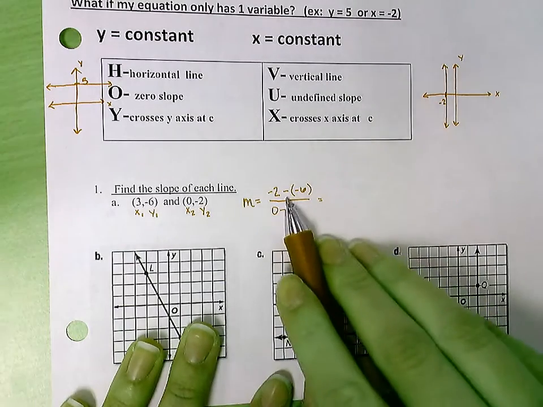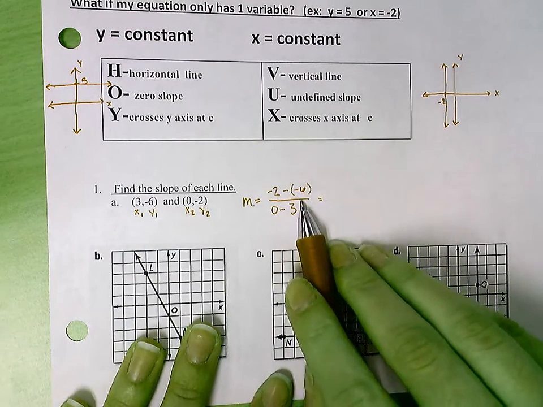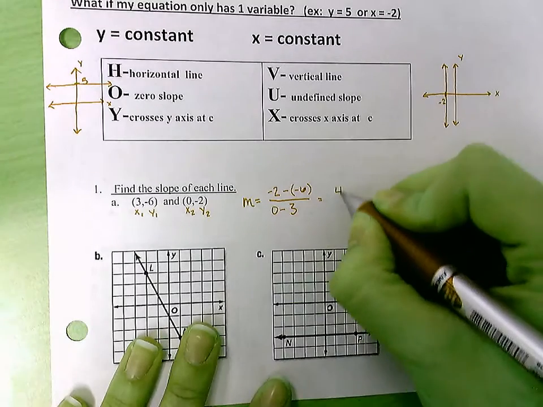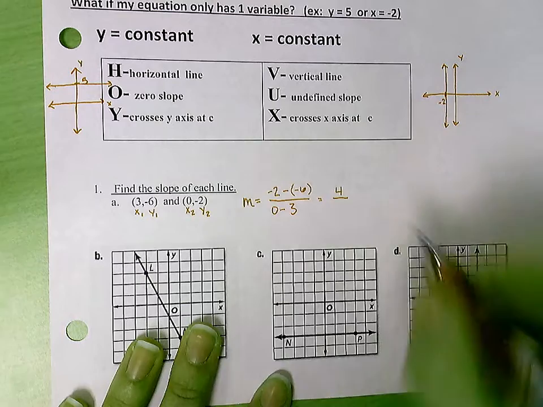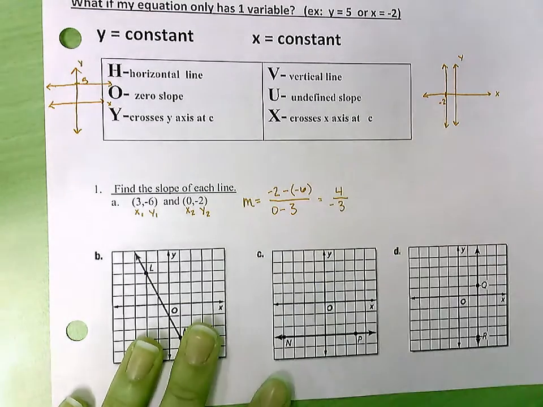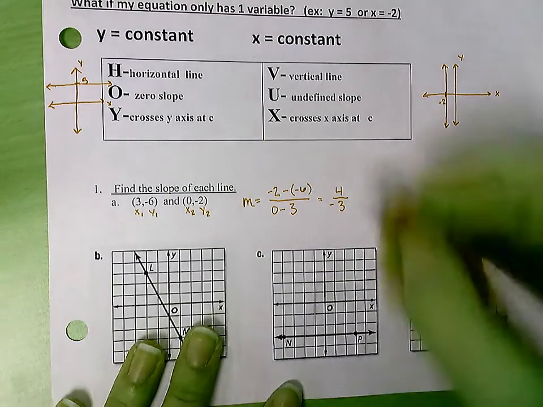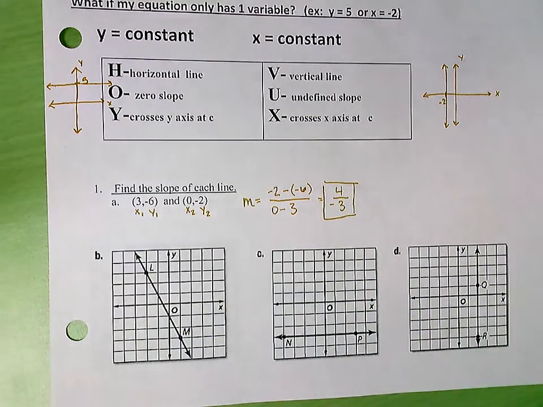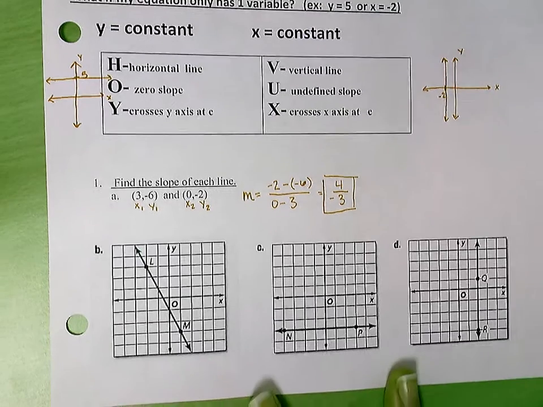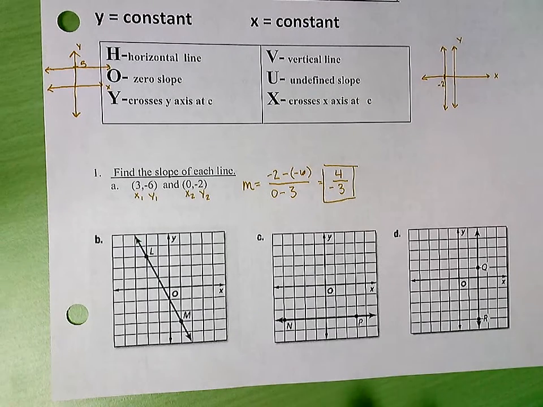So I have negative 2 minus a negative 6, that's positive 4. And I have 0 minus 3, that's negative 3. So my slope would be negative 4/3 for that line. That's if you're given those two coordinate points.